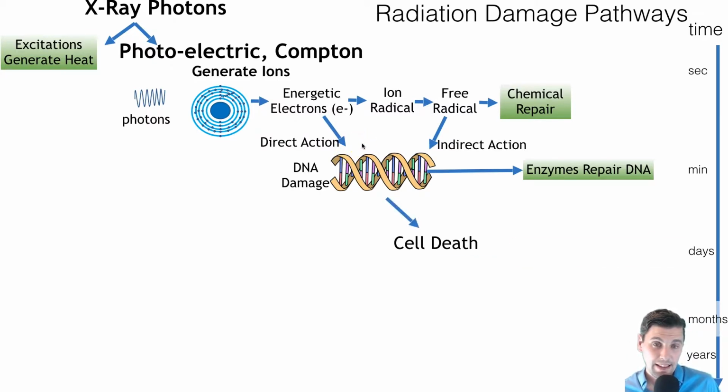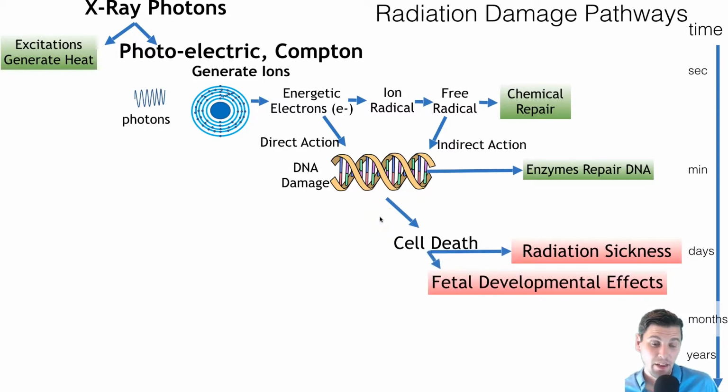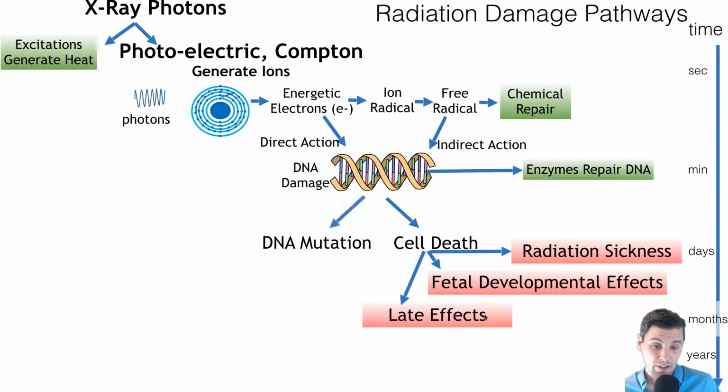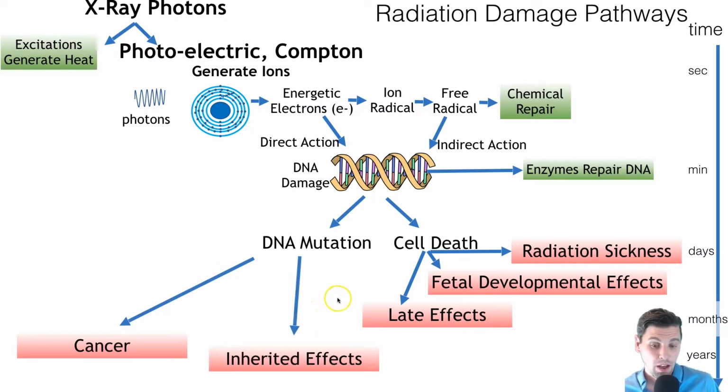And then that can lead to either cell death, in which case you could have radiation sickness or fetal or late effects, or DNA mutation, which can lead to cancer or inherited effects in the case that the DNA mutation is occurring in germline cells. Since we said we're not going to talk about germline cells or cancer induction in this video, we're primarily interested in this path over here, where cell death is the primary reason for the radiation damage.